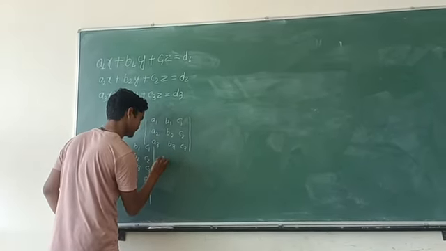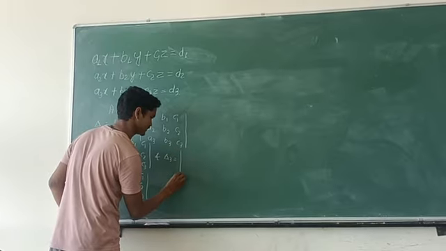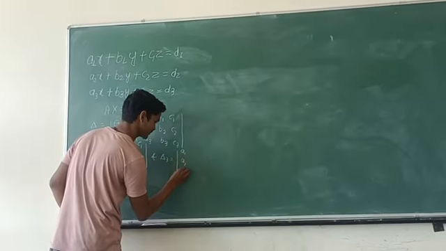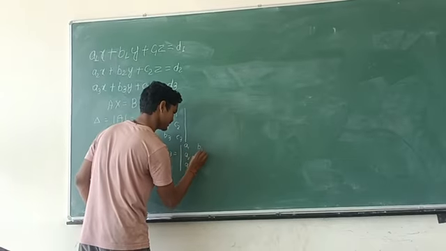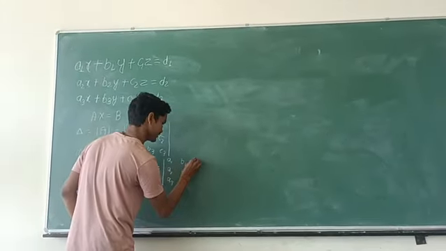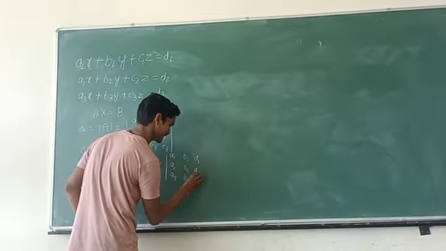And delta 3 is defined as A1, A2, A3, B1, B2, B3, D1, D2, D3.